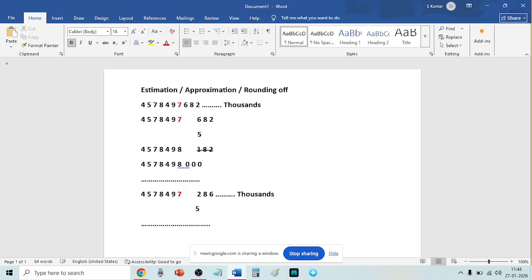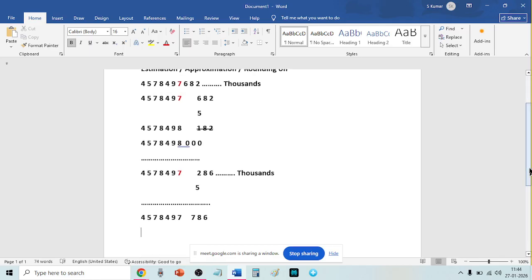So you will get 4, 5, 7, 8, 4, 9, 7. No carrying. And of course that 286, this one you will get 7, 8, 6, but ultimately you will make it 0, 0, 0. You are not going to write those numbers. Only till this one you are going to write: 4, 5, 7, 8, 4, 9, 7. Then you are going to get 0, 0, 0. But this part anyway you are going to cut.